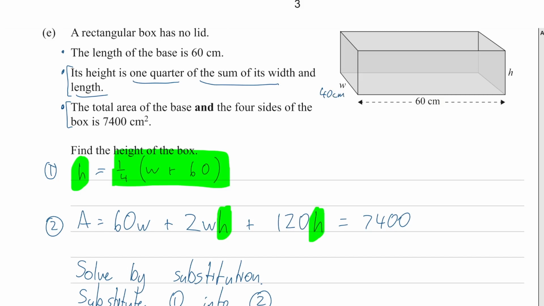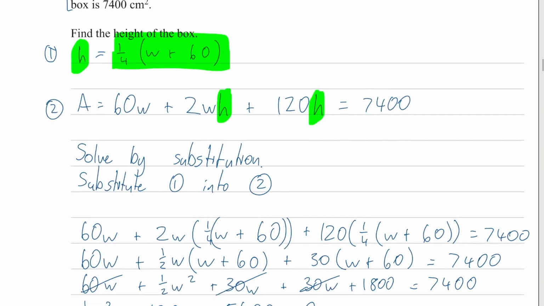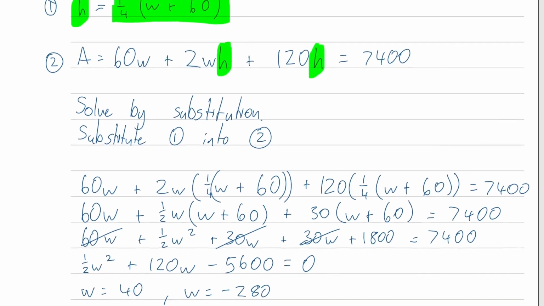But the question has asked us to find the height. So we can use either relationship relating width to the height. I will use the first equation because that's simpler. So that's where we substitute in the height equals a quarter times the width, where we know the width is 40, plus 60.